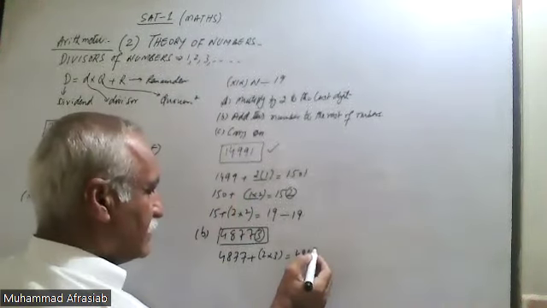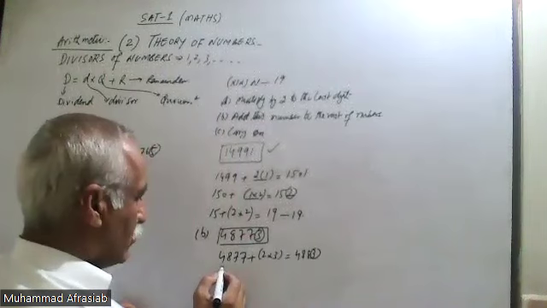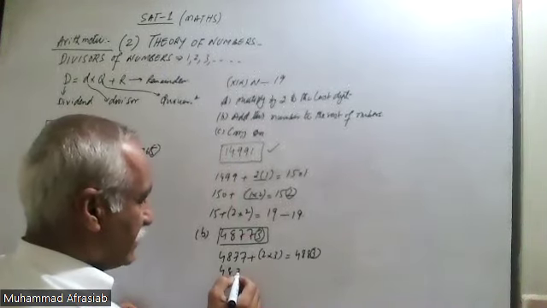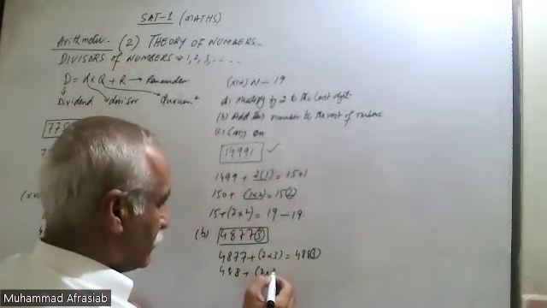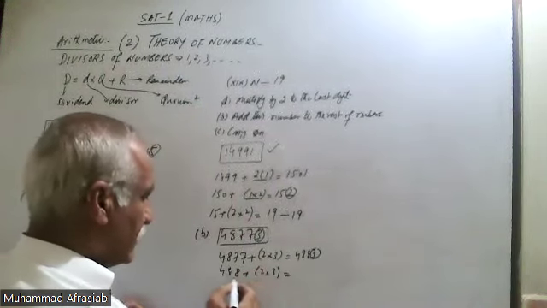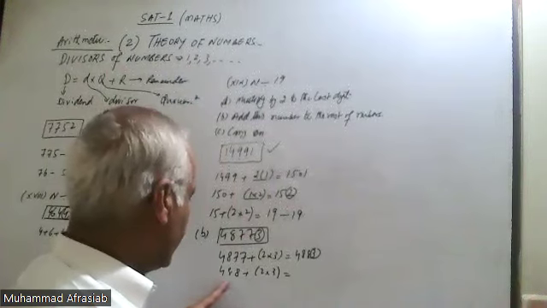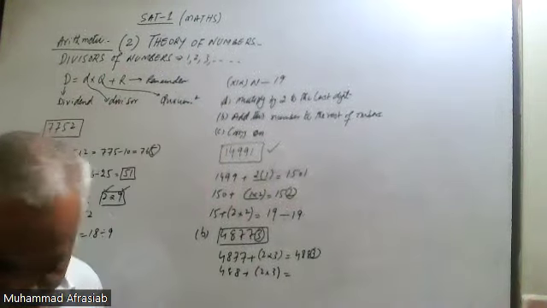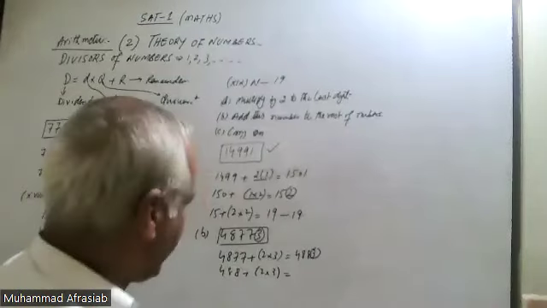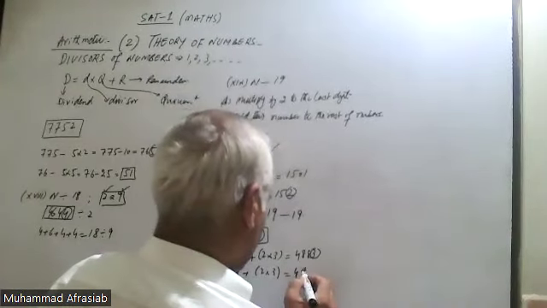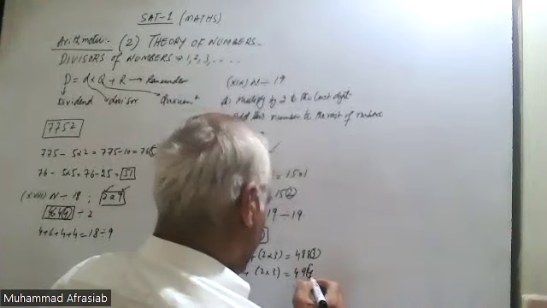Here again the last digit is 3. So 488 plus 2 into 3, that is equal to 488 plus 6, 494. Here the last digit is 4.